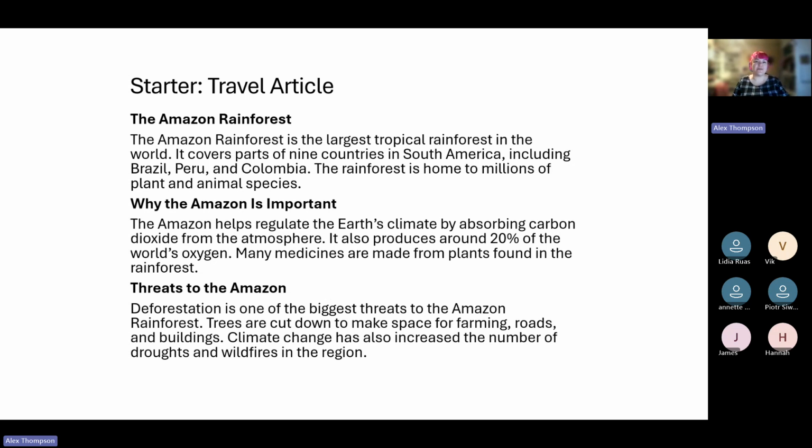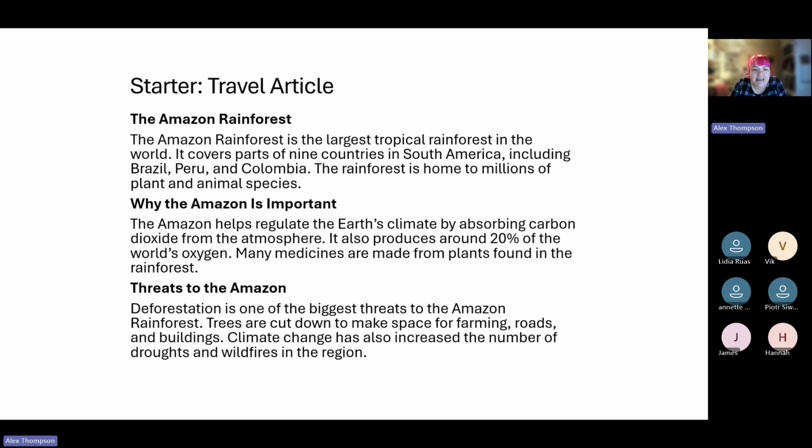For all the lessons that we were doing last week on the writing exams, this is a lovely example. We've got a headline at the top. We've got subheadings, and a few lines in each one. The first one tells you overall the subject, the Amazon, and then we have the specific paragraphs underneath about those specific subjects they're talking about.